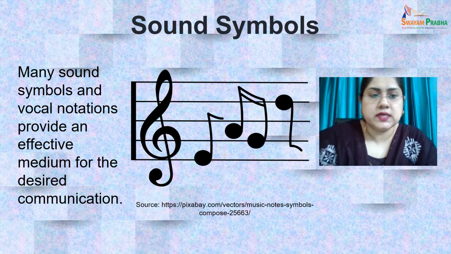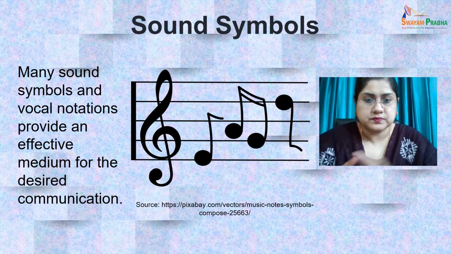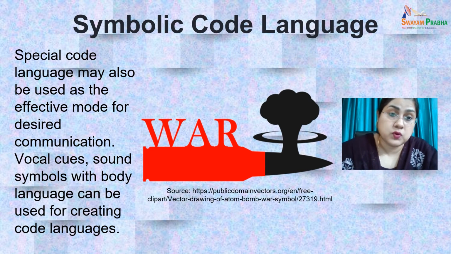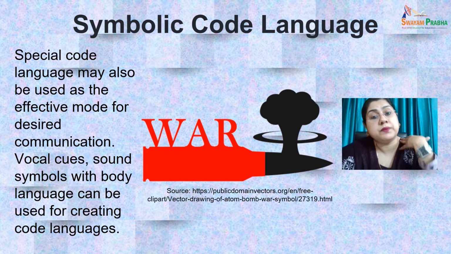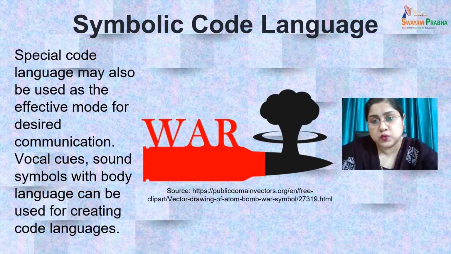So these were the sound symbols. The next is the symbolic code language. What exactly does it mean? Many times, some special code language can be used as an effective mode of communication.